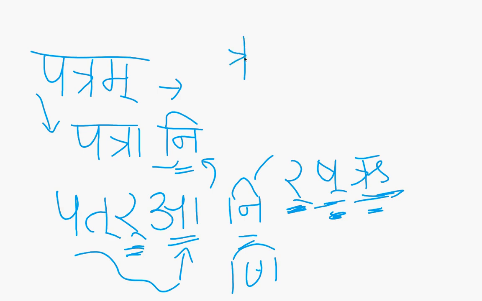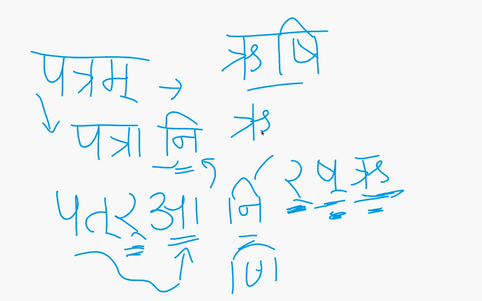Another example is Rushi. In the Shashti Vibhakti Bahuvachanam, its form becomes Rushinam. If you look at the Vibhakti table, it becomes Rushi, and the Shashti Vibhakti suffix is Nam.